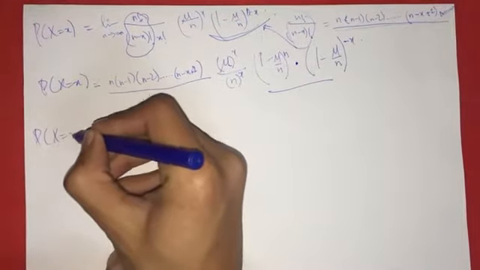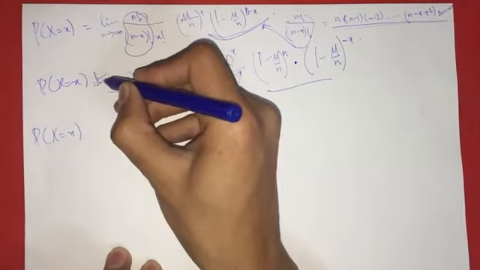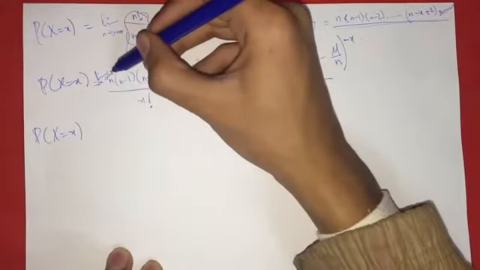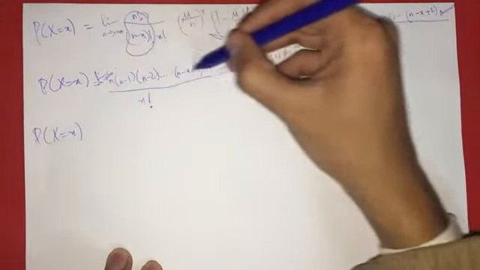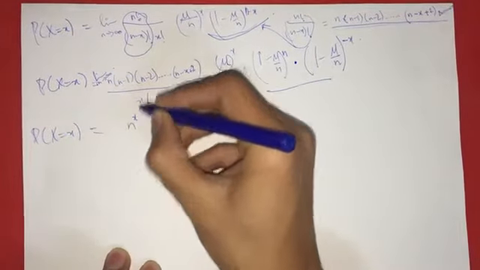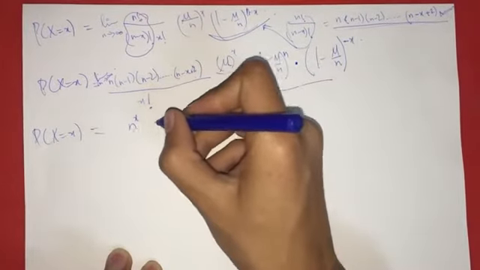So you have p of x equals x, and now this has the limit as n approaches infinity. So here all of this is actually equal to n power x, because it's going up to n minus x plus 1, but that is n power x.